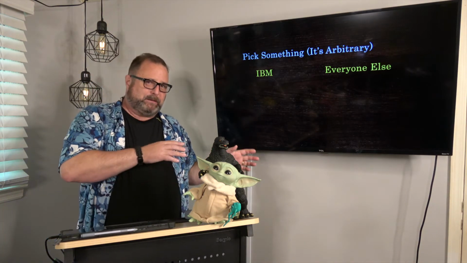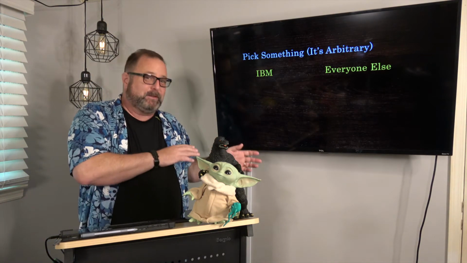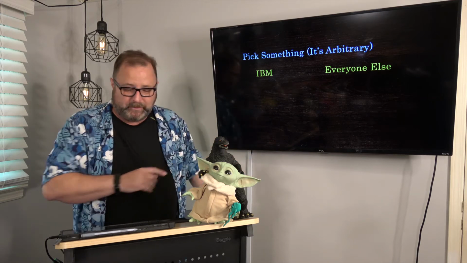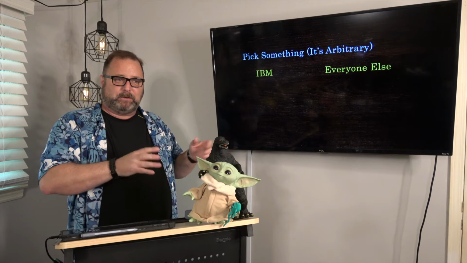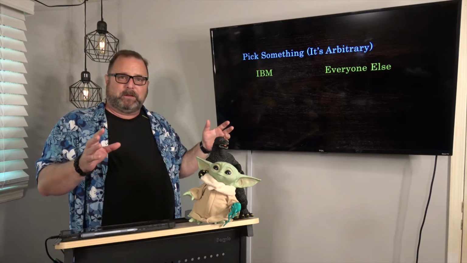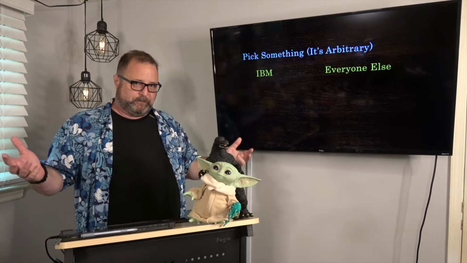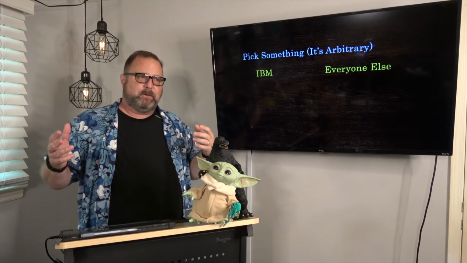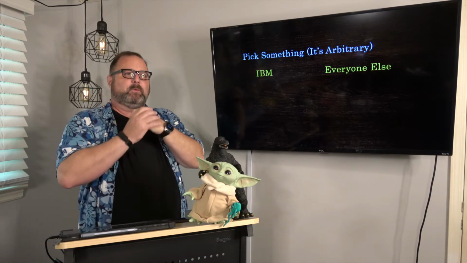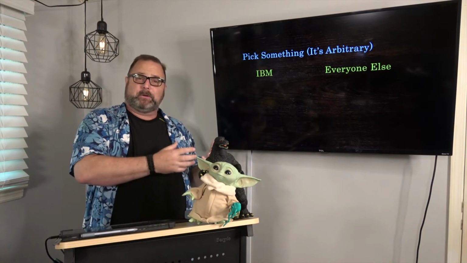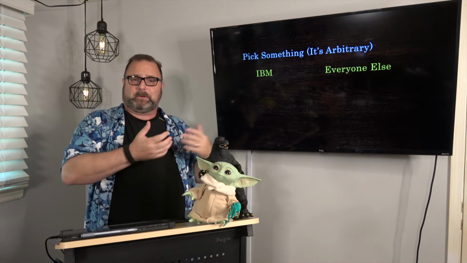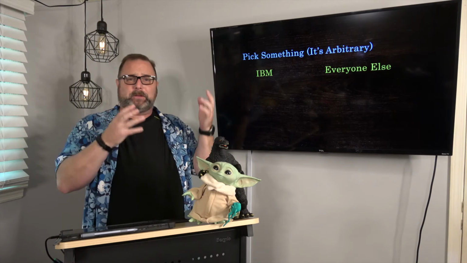Back even before I was born, just for the record, I'm not that old, IBM was the 900-pound gorilla in the market. All of their mainframes were the big dogs. When we decide what the code for the letter A is, we all need to agree on that. Otherwise, I can't talk to your computer. We've talked about how the internet works.